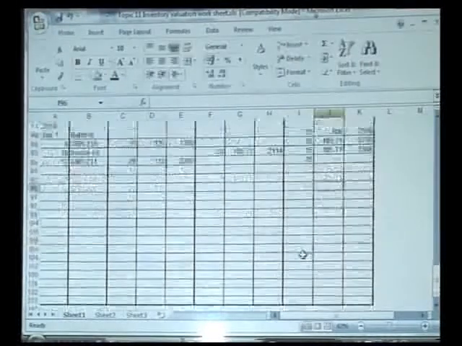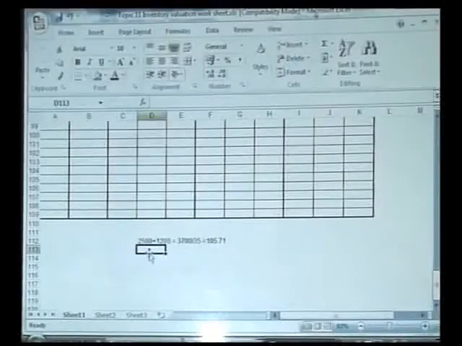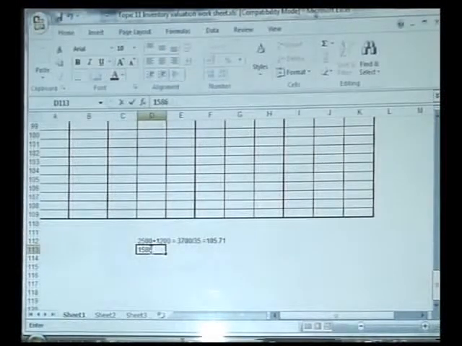Then again we have to work out 1586 plus 2200 works out to 3786, divided by 35 gives us 110.17.